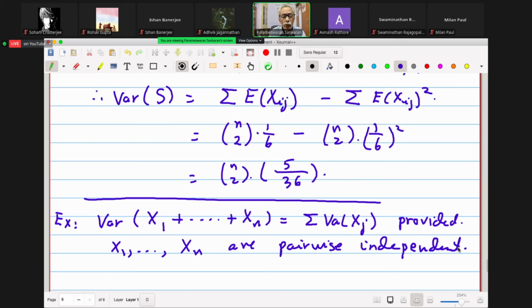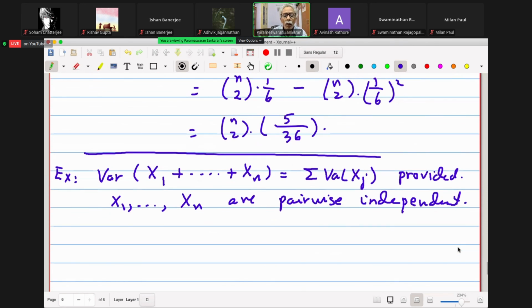Because you just do the calculation, you will have the summation of the expectation of xi xj. But because xi and xj are independent, it becomes the expectation of xi times the expectation of xj. You just do it. This is the correct thing. So this is an exercise.